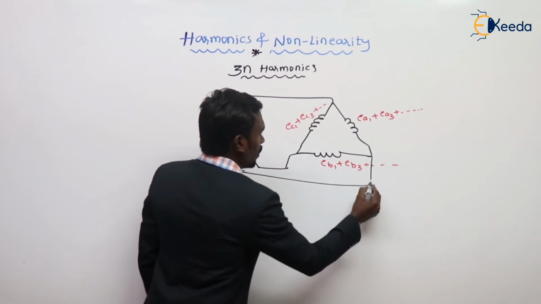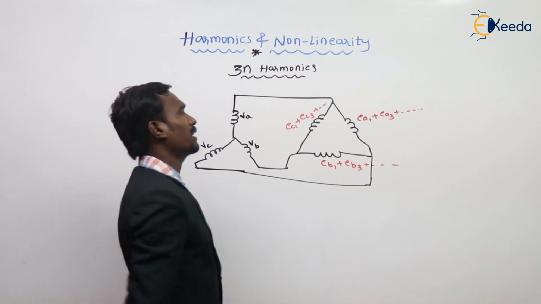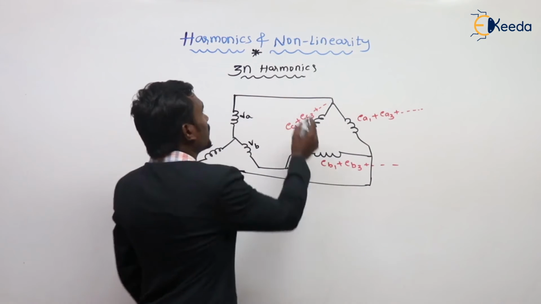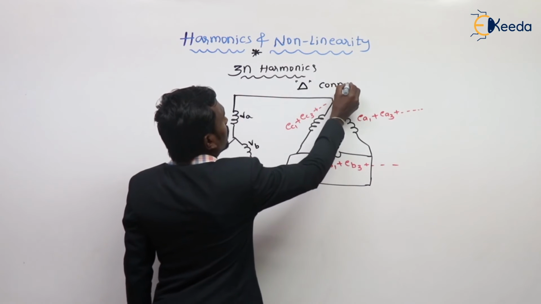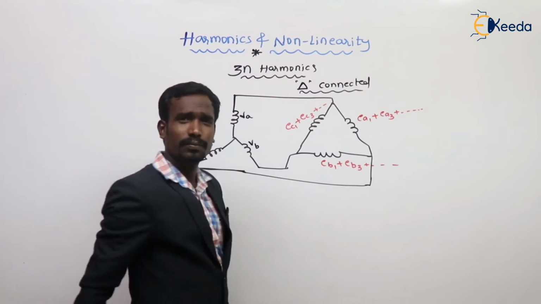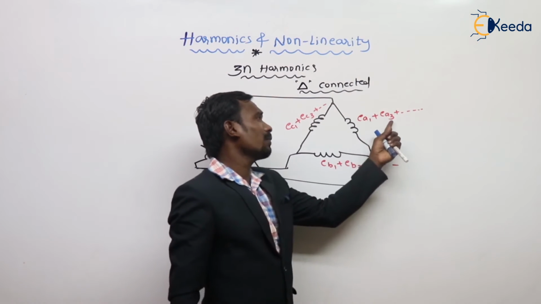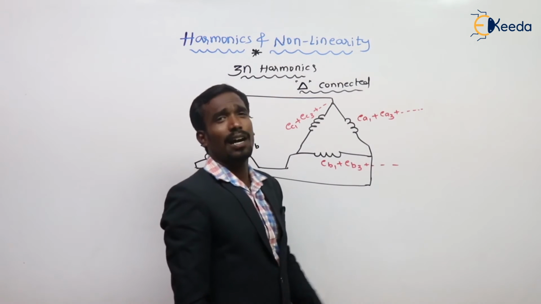For example, I connected this source voltage to our transformer, which is a delta connected transformer. Here I have a harmonic component also: fundamental component and harmonic component.